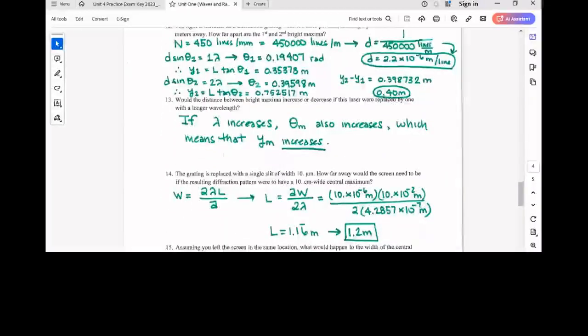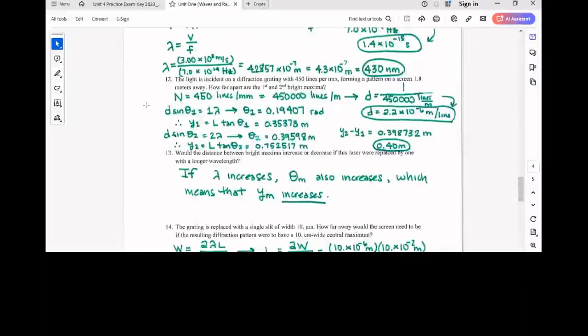13, would the distance between bright maxima increase or decrease if this laser were replaced by one with a longer wavelength? So we can look at d sine theta m is equal to m times lambda, and think about how changing lambda would change theta, because we are not changing the slit spacings, so lowercase d is a constant.